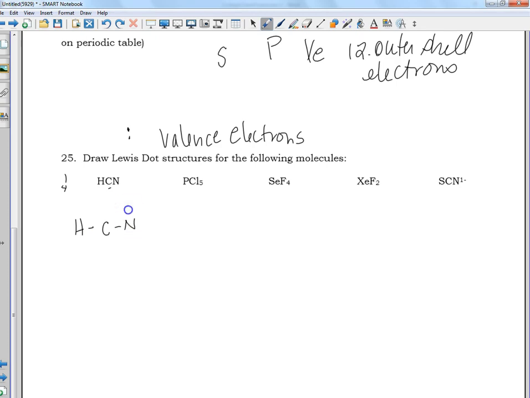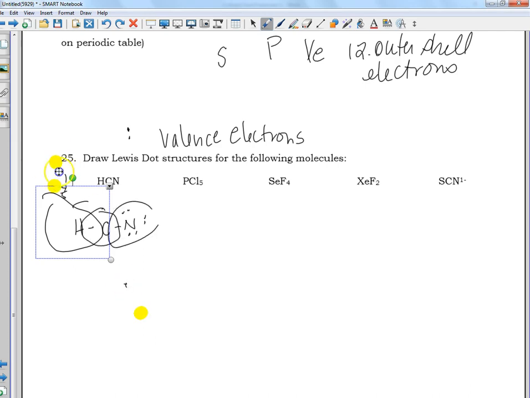But unfortunately, when I do that, hydrogen has met the octet rule because he only has 2. Carbon at this point only has 4. Nitrogen has 10. So we have to accomplish some sharing.